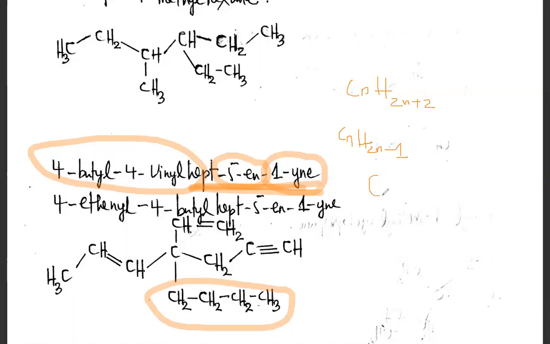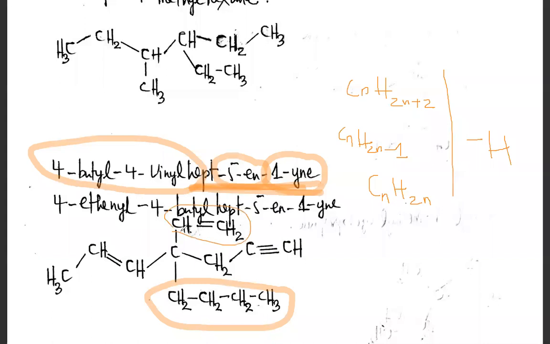Then for the double liaison, you're going to have CnH2n, like that. So whenever you have a substituent, you're always going to have a minus hydrogen atom. So this is our butyl and this is our vinyl.